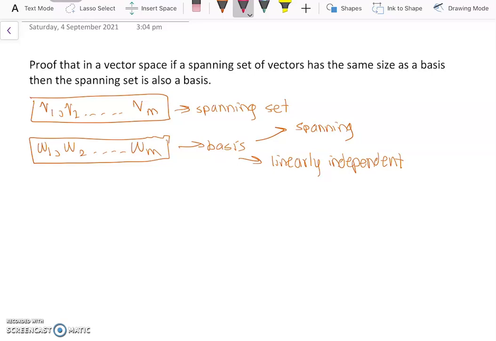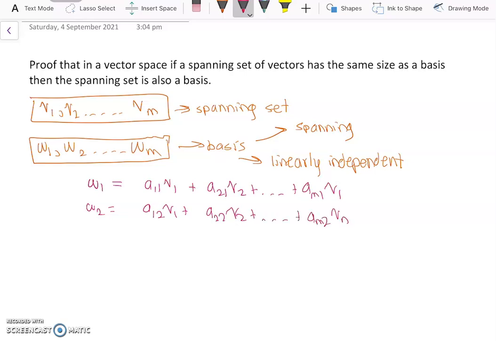Okay, so now since the v's are spanning, I'll write each of the w's in terms of the v's as linear combinations. So we can write w1 as a11 v1 plus a21 v2 plus dot dot dot plus am1 vm. w2 we can write as a12 v1 plus a22 v2 plus dot dot dot plus am2 vm.